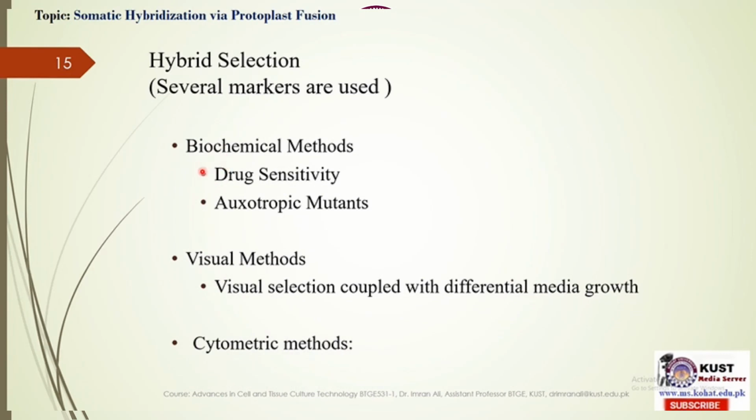The first one is based on biochemical methods, in which the hybrids are selected on the basis of drug sensitivity and by the use of auxotrophic mutants. There are some visual methods in which the visual selection is coupled with differential media growth, and then we also have some cytometric methods.